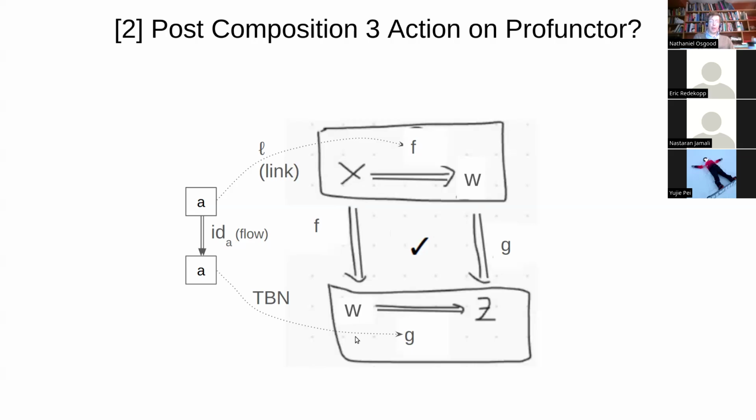With G on this side, F on this side. And if we have a link from A to F, again, that's upstream of G, right? X to W is upstream of G. Then it follows we have an influence from A to G.